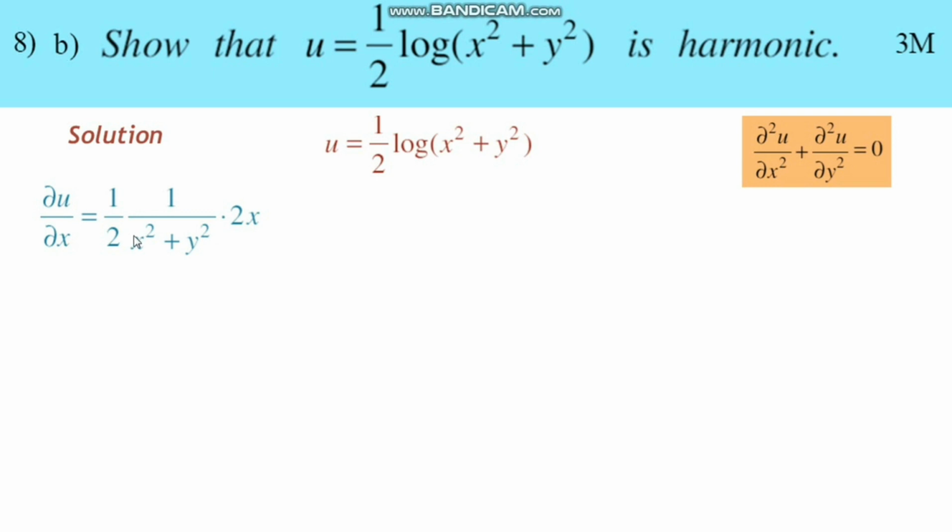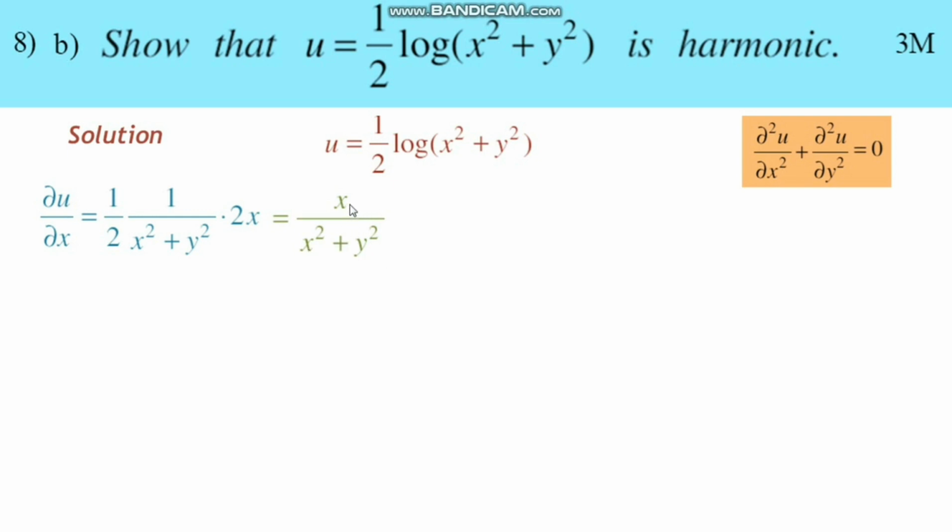After simplification, 2 cancelled, x by x square plus y square is obtained. Let us consider ∂²u/∂x², that is the second order partial derivative of u with respect to x. Both the numerator and denominator contain the variable x.